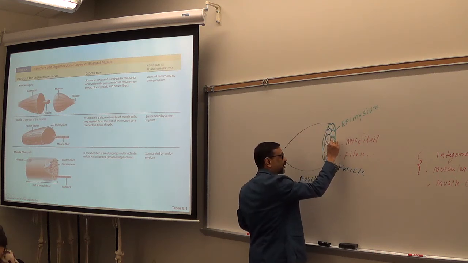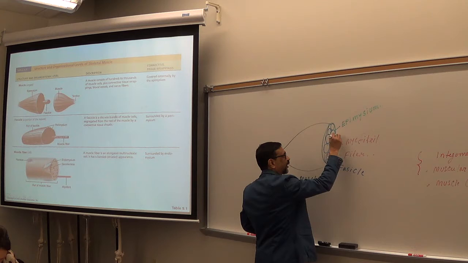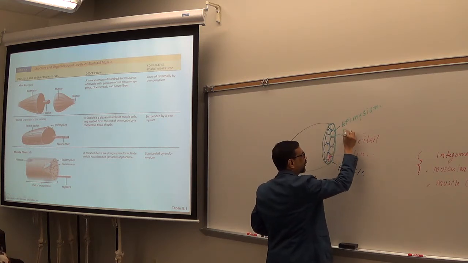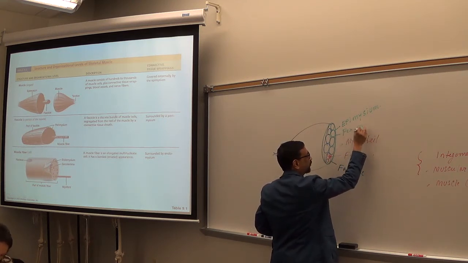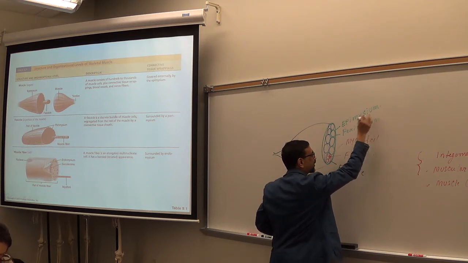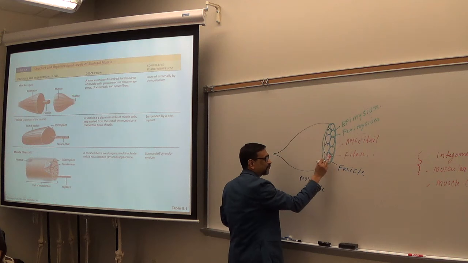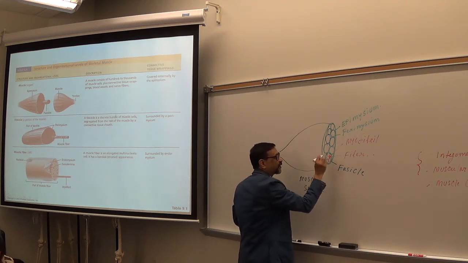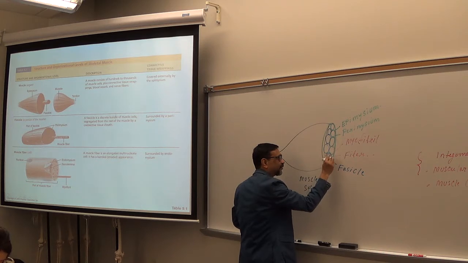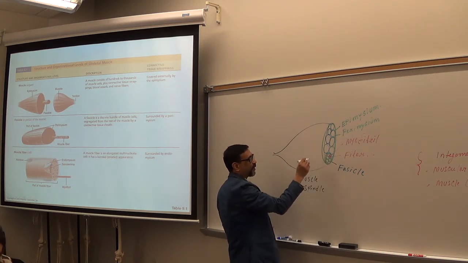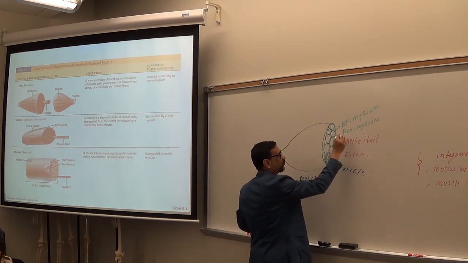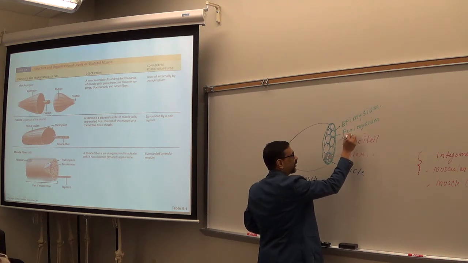Each fascicle is covered by connective tissue membrane, and that is called perimysium. Each muscle fiber is covered by, again, connective tissue membrane, and that covering of the muscle fiber is called endomysium. Endo means inside.